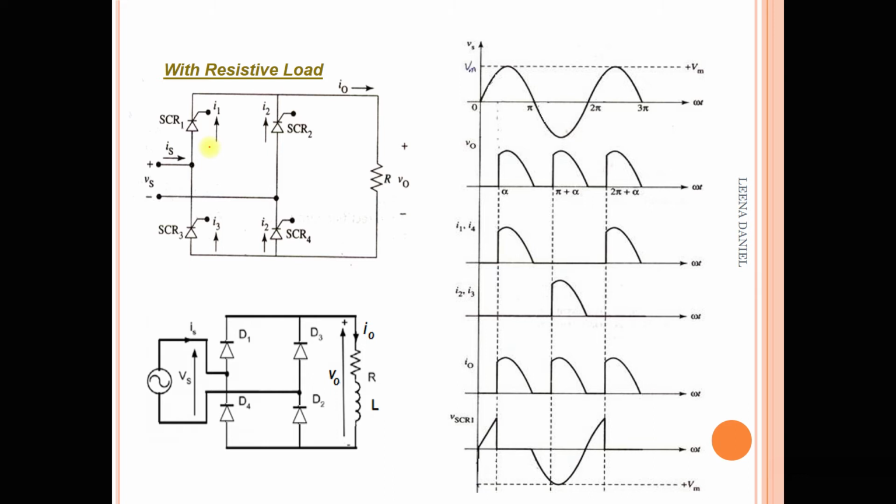But in full wave bridge rectifier, for one half, two thyristors would conduct. In case of uncontrolled rectification, two diodes would conduct.